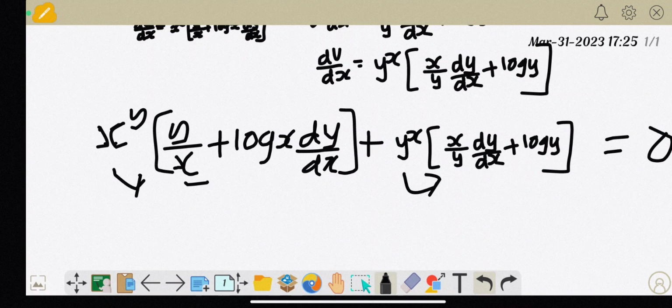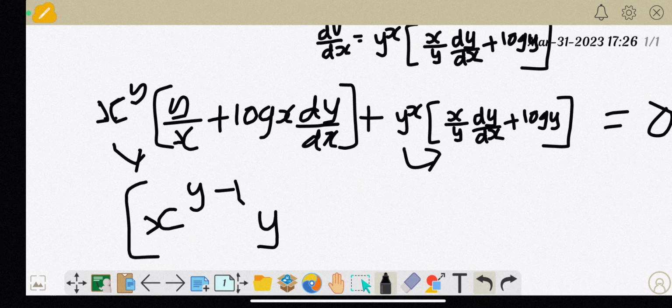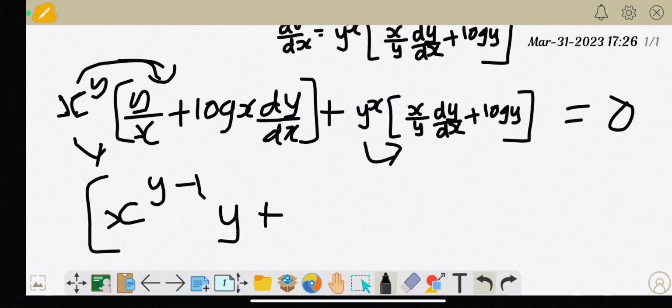So when it goes to the numerator, it will be whatever power is there, to the power minus 1. So x to the power y minus 1 into y. When I multiply it to the second term, it is x to the power y log x dy by dx.